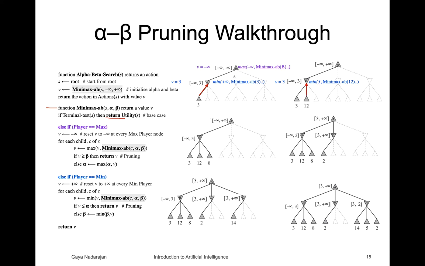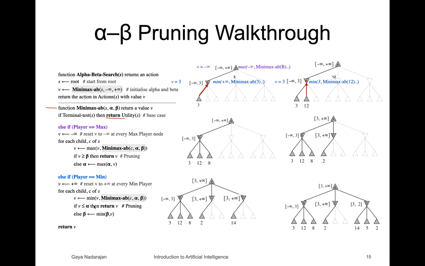So we will just return the value 12 because this is a leaf node, and it's just going to return the utility value. And now we can fill in the gap, and we can say V is going to get the minimum value between 3 and 12, and that is just going to be 3 again because 12 is bigger than 3. So nothing happens to V. V remains 3.